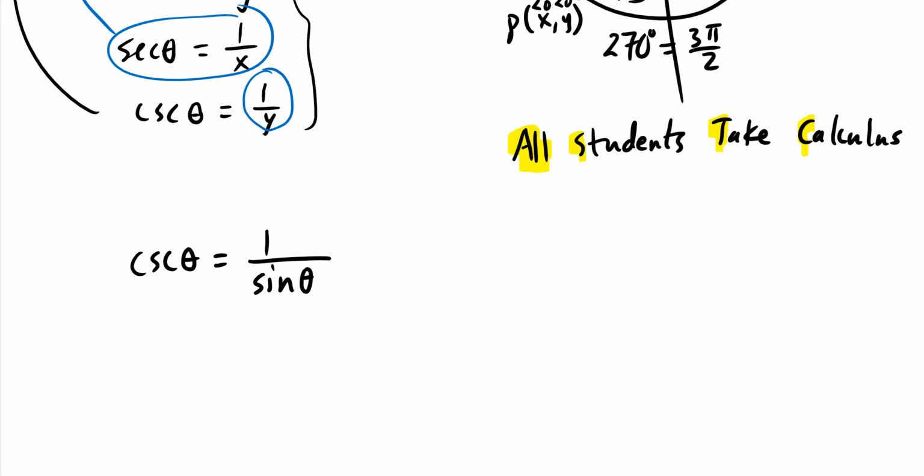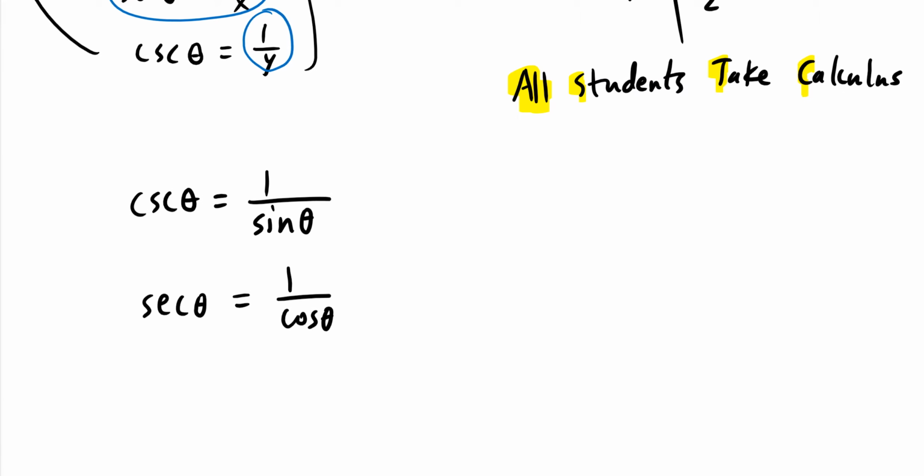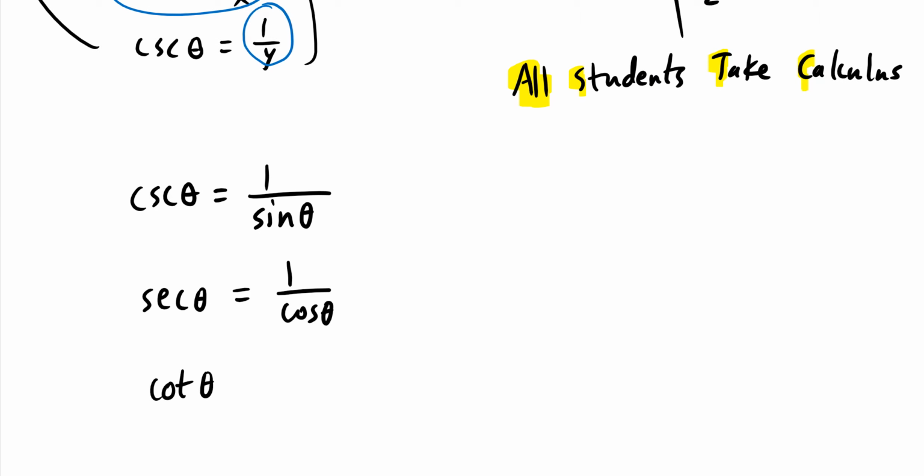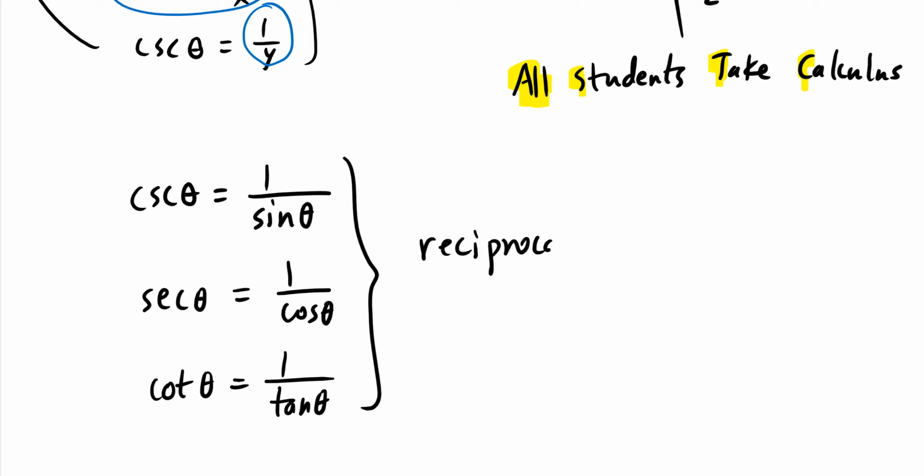It's 1 over y, and y is sine theta. Secant theta is 1 over x, but x is cosine theta. And cotangent theta is 1 over tangent theta. They are reciprocals, and since they are reciprocals, we call them reciprocal identities.